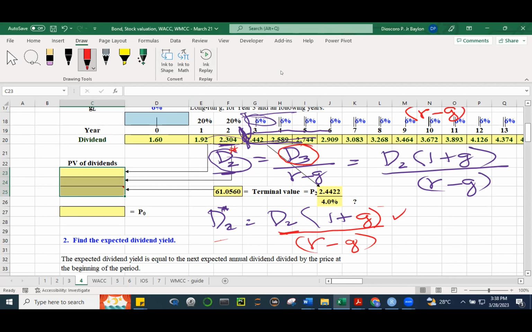Come on, class, you can do this. Okay, another answer: 24.36. I'm waiting for the others, please. I'll give you a few more seconds. Just key in your answers, please.